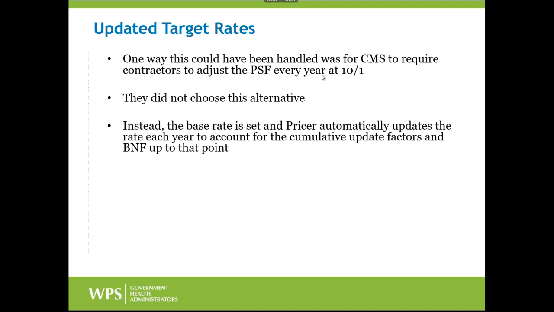Instead, they have certain intervals at which those rates are being updated or inflated, and in some cases rebased to a brand new cost report altogether. They're updated at certain intervals, and then Pricer knows what factors need to be added on top of that to get to the current year in question. And we'll see some examples of that in just a bit.